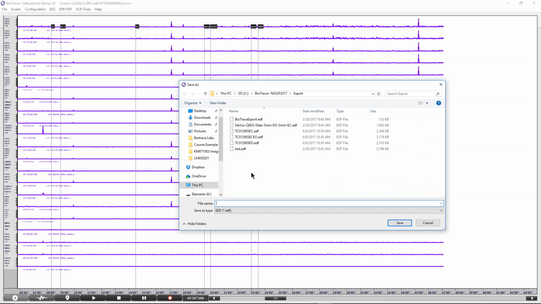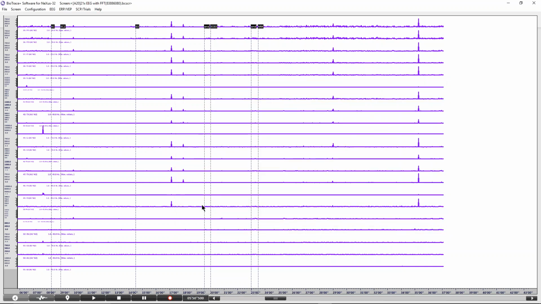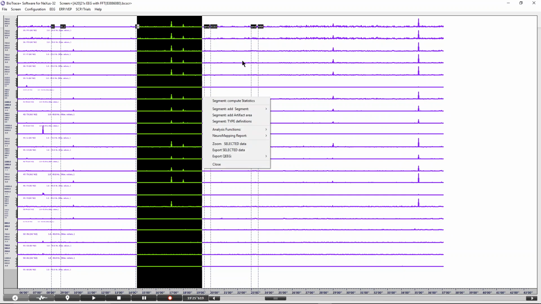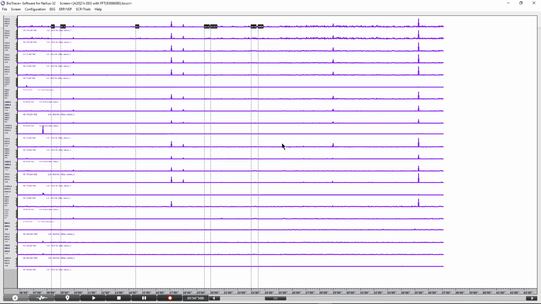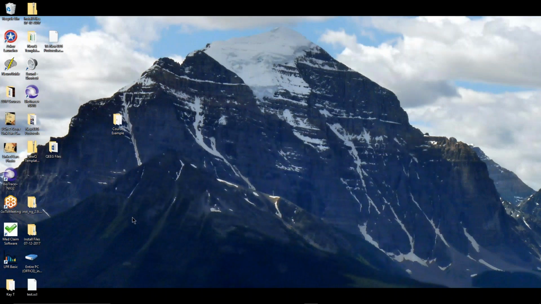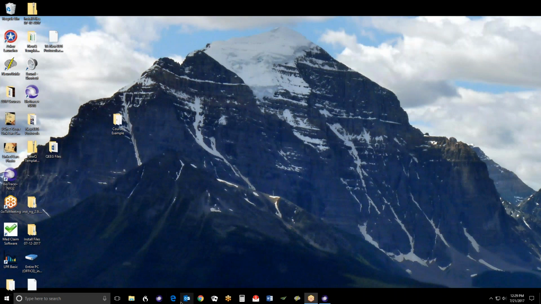I'm going to go into my export folder, and then I'm going to give this person a unique identifier of some sort, and it's going to be saved in this export folder. I do that for each of these segments: eyes open, eyes closed, mental math, and so on, and put all of those into that export folder, and then I can import them into NeuroGuide.